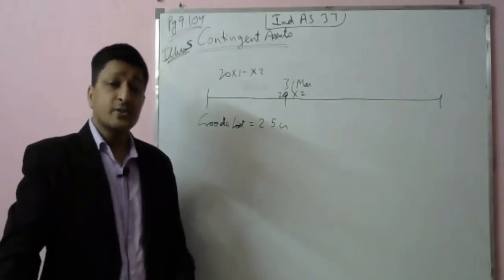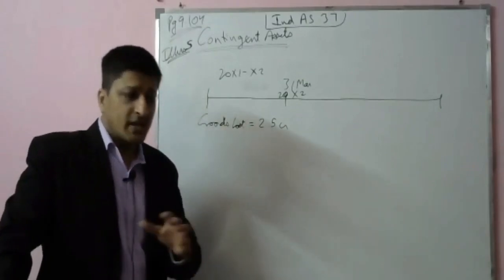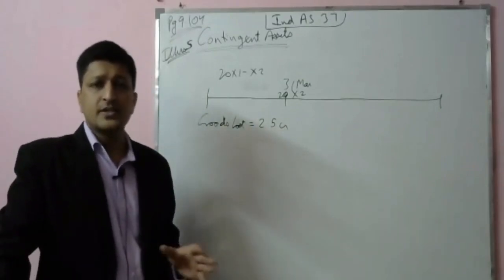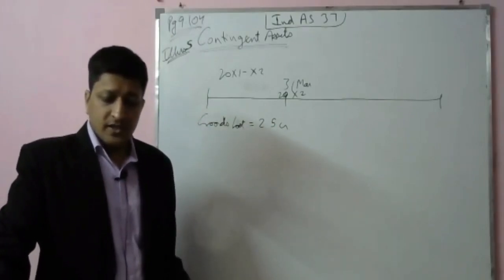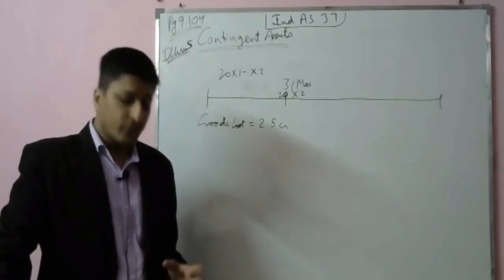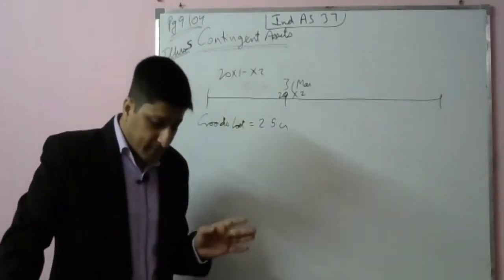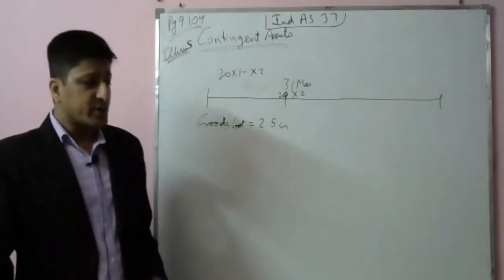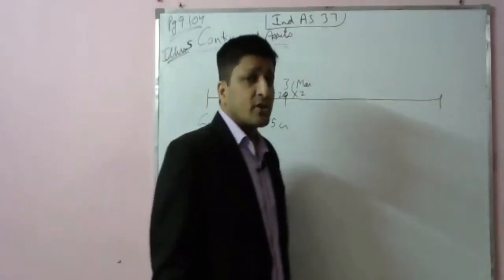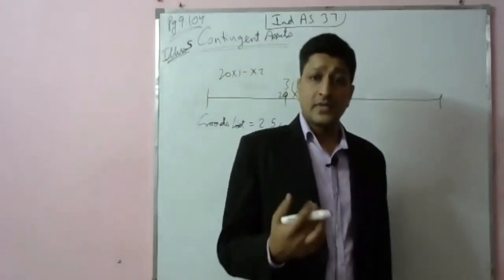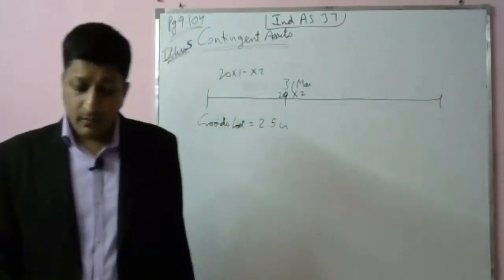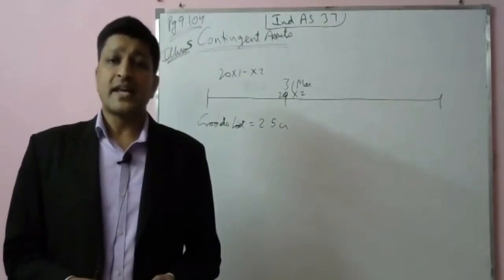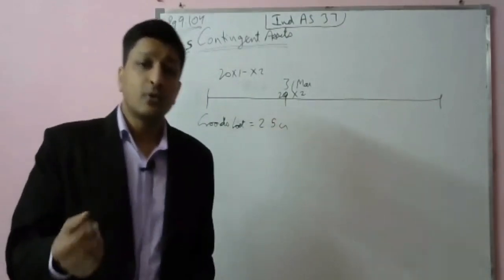Now the question is not asking you for contingent asset, contingent liability, recognition of provision, or the recognition of liability. The question is simply asking you for accounting treatment. Let's assume that's the question in the exam. What should be the accounting treatment? Then how will you answer it? In the exam, you should not always expect a straight question.